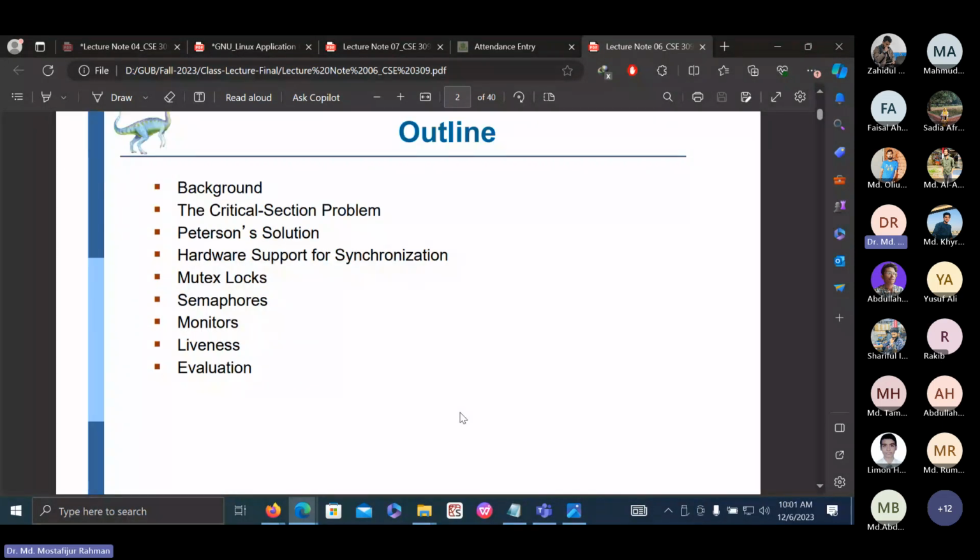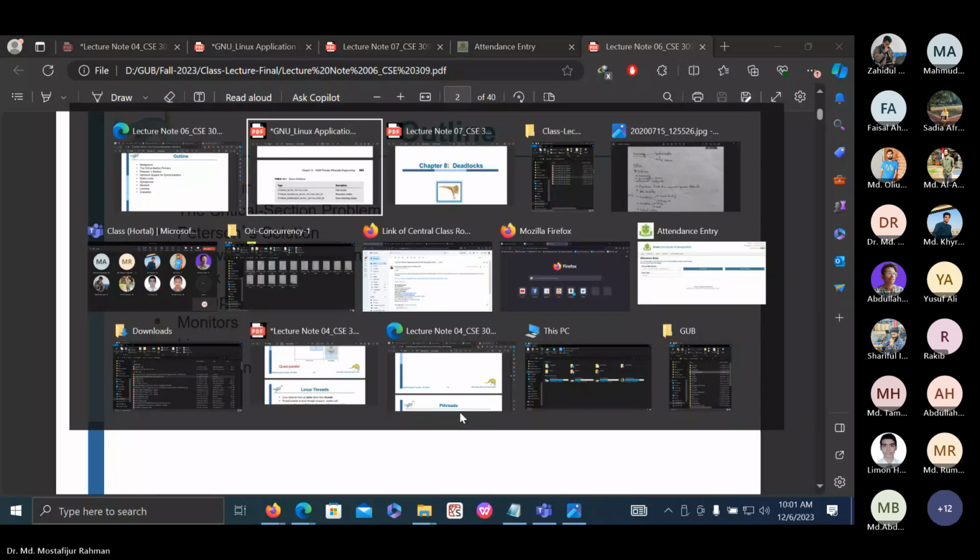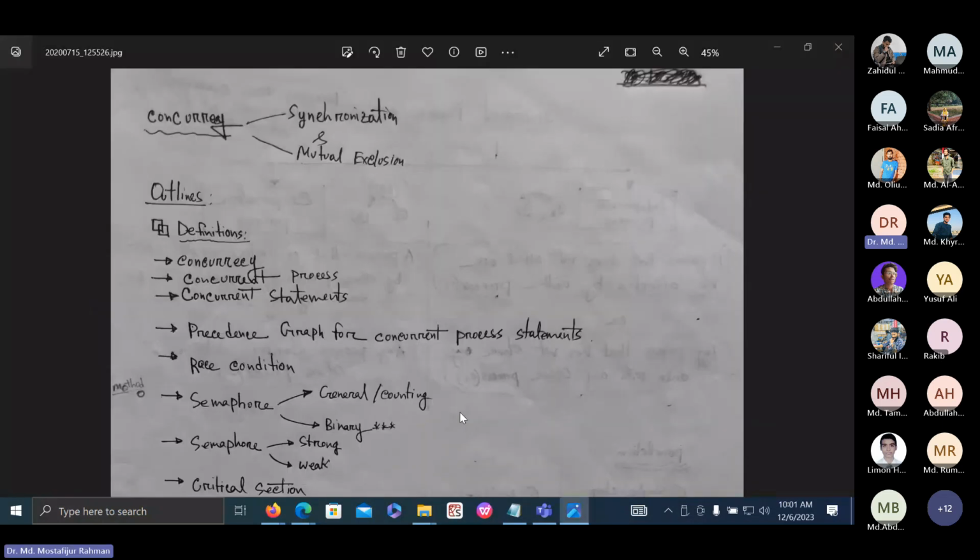So before starting this discussion, I would like to look at my note which I gave to the students, or which I usually discuss before starting the slides.